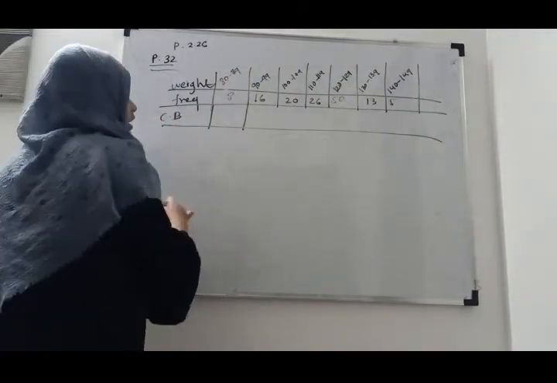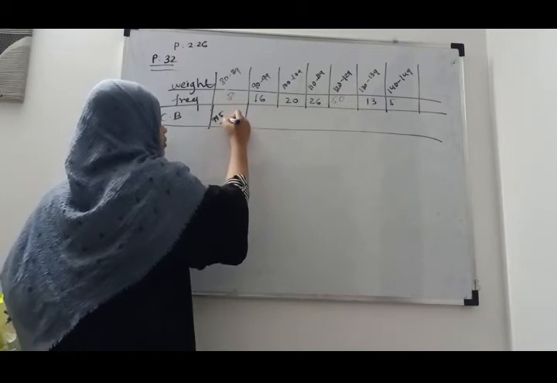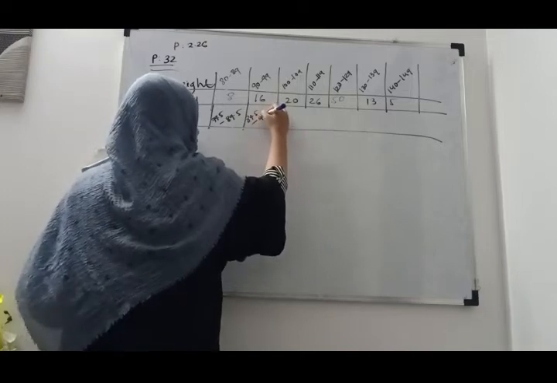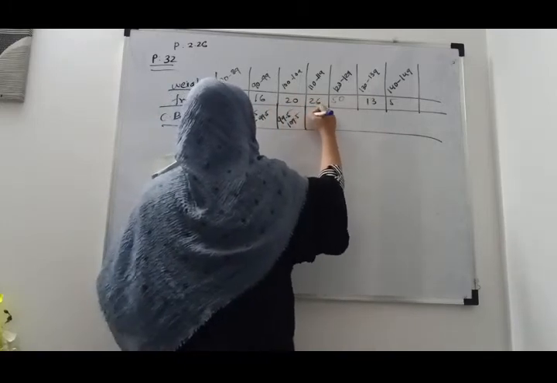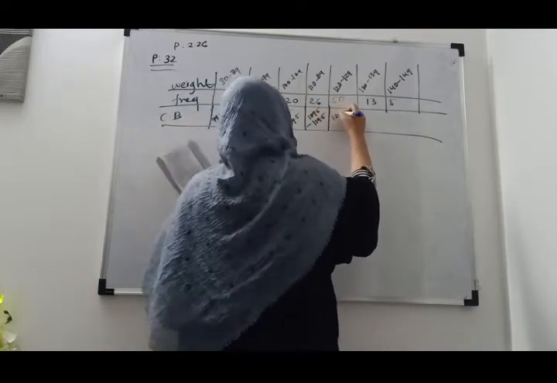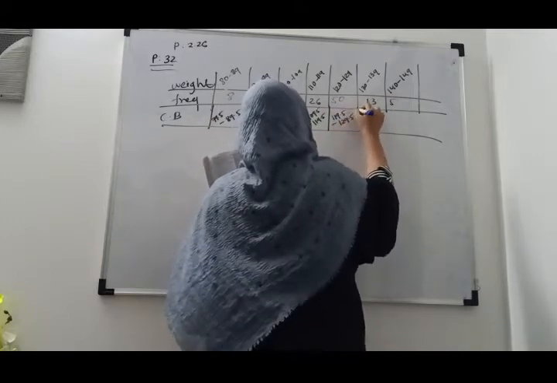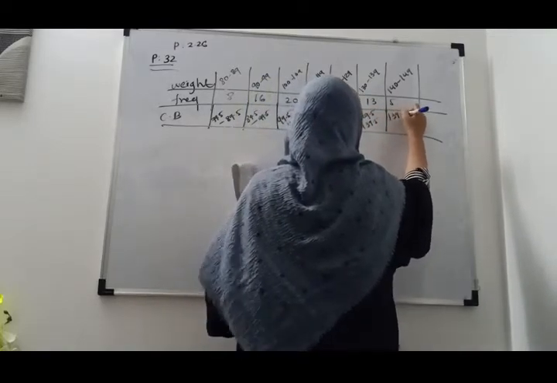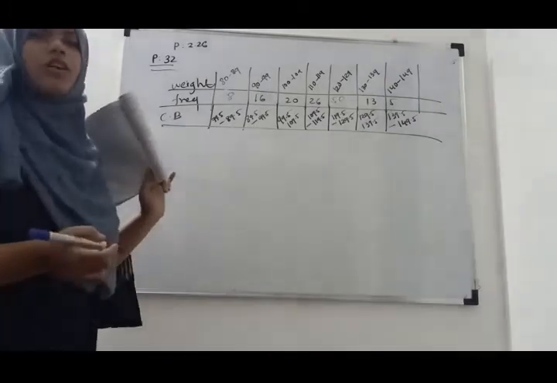So here the first class boundary is 79.5 to 89.5, then 89.5 to 99.5. Okay, so first we will draw the histogram.